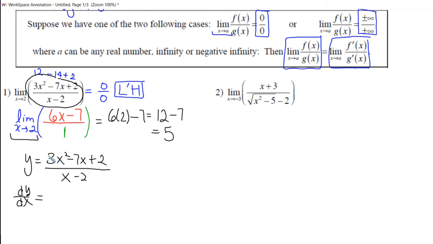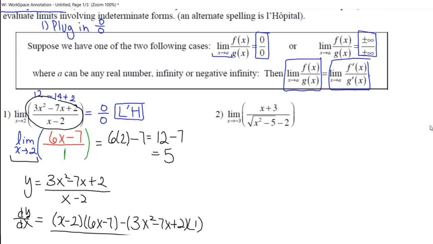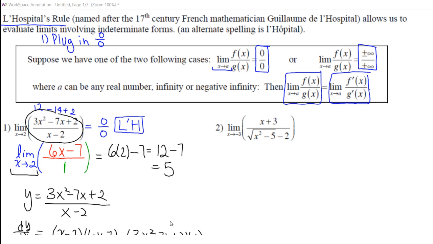We don't do L'Hopital's rule, we do low d high minus high d low, all over low low. I understand this question is not asking you to find the derivative of this function, but I'm giving you the distinctive difference between L'Hopital's rule and the quotient rule. So make sure you remember that.